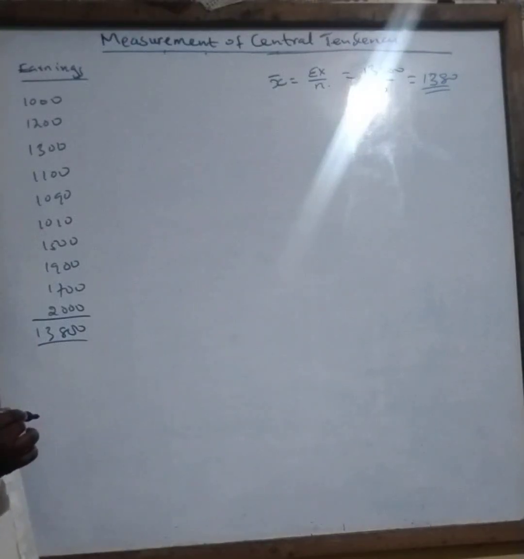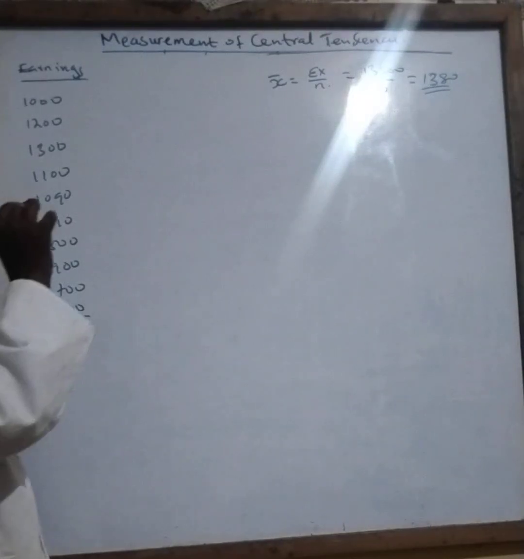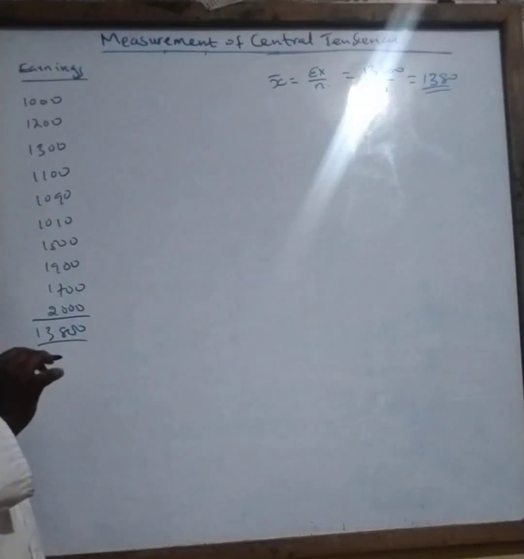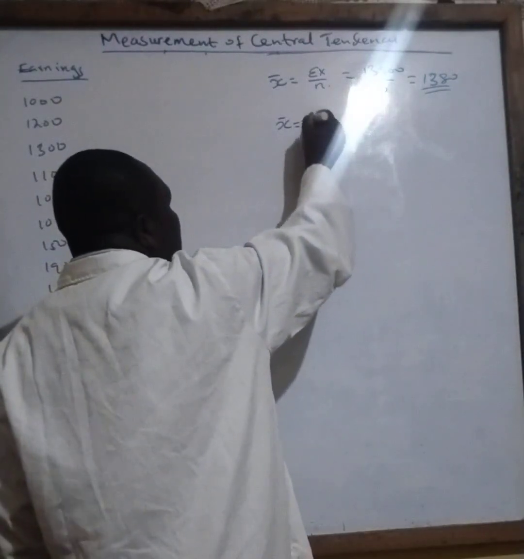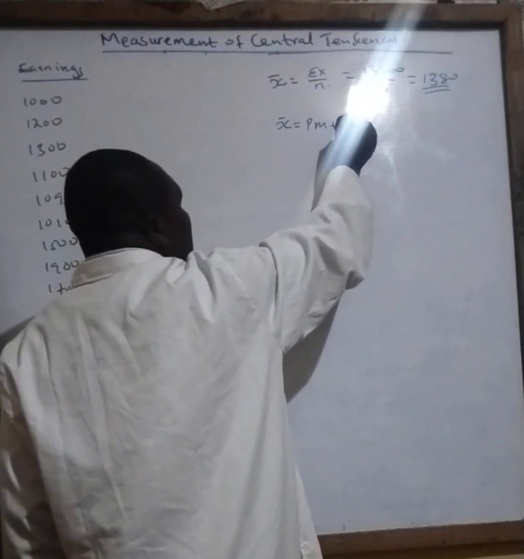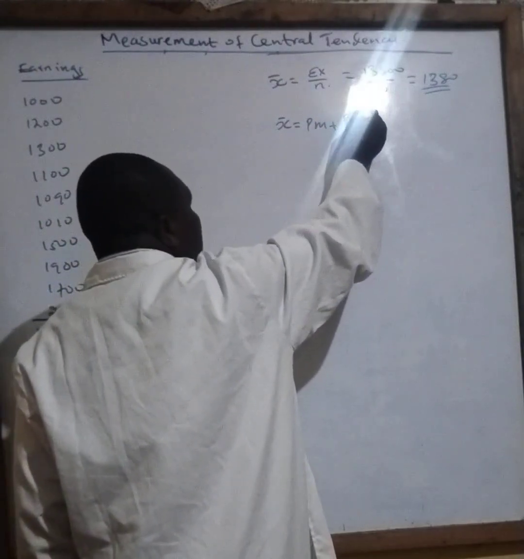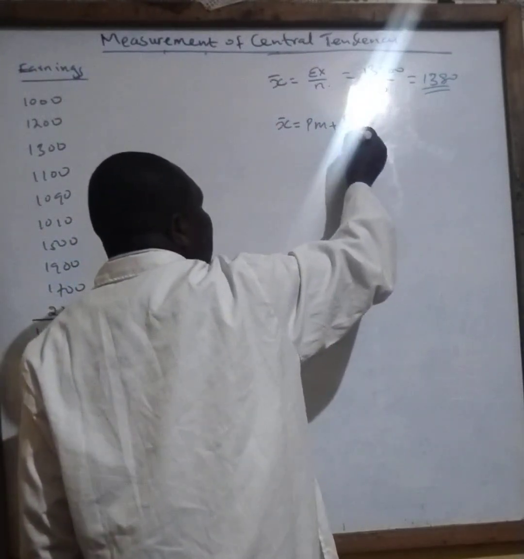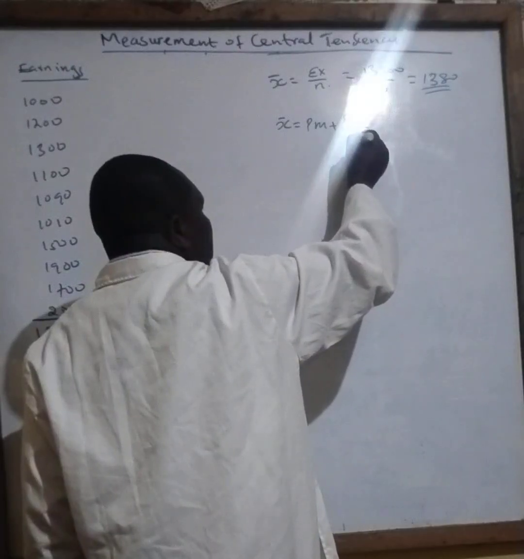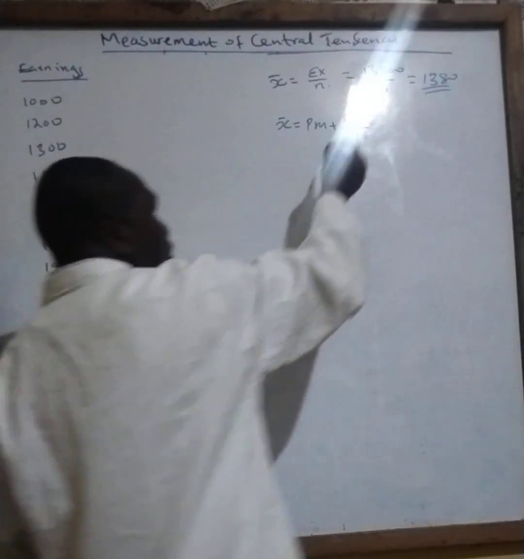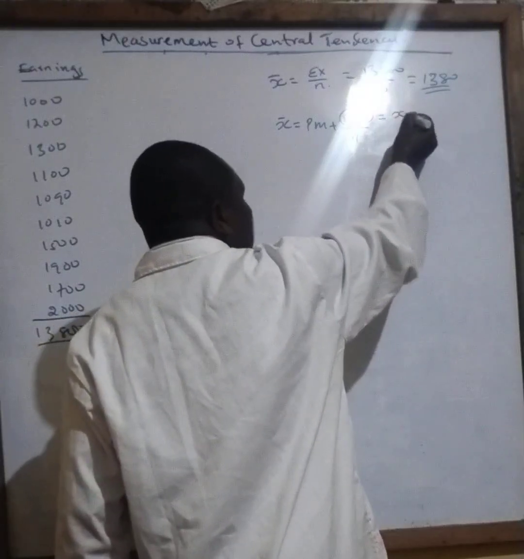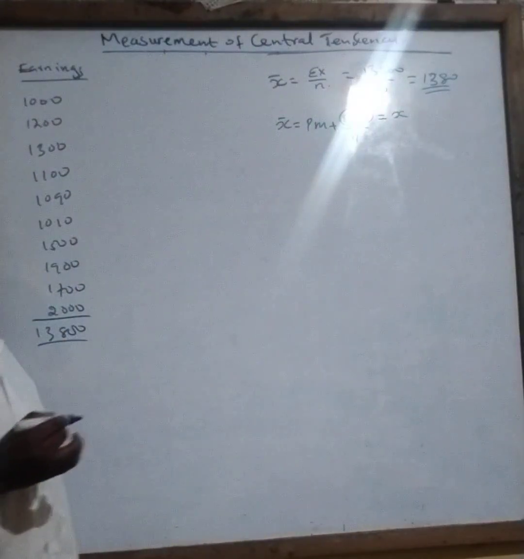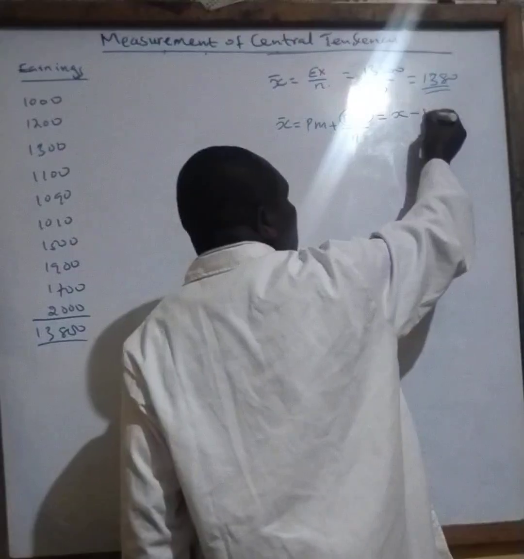If you want now to use the shortcut method or indirect method, we are saying mean equals provisional mean plus summation of deviation x over n. Now, when you talk about this number here, it means you are taking the observed data x, then subtracting your provisional what?